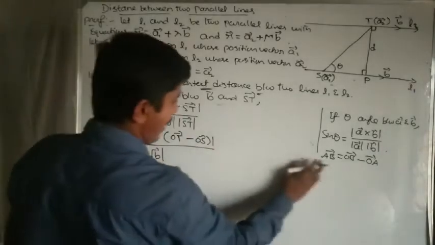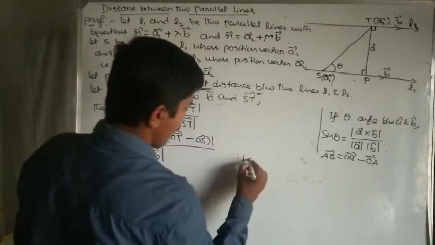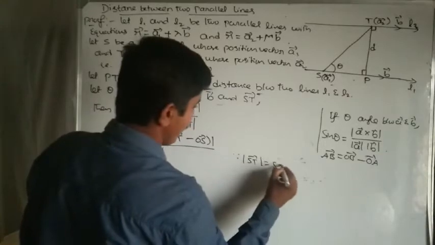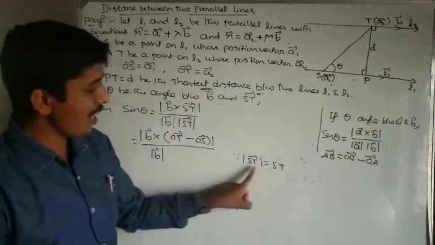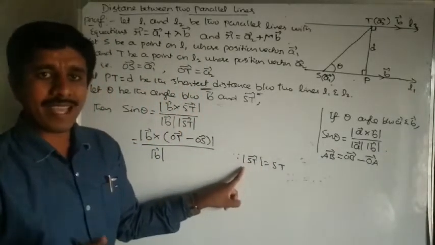Magnitude of ST can be written as, magnitude of vector ST equal to ST. So mind it, it is a scalar. Magnitude means length, it is a scalar.